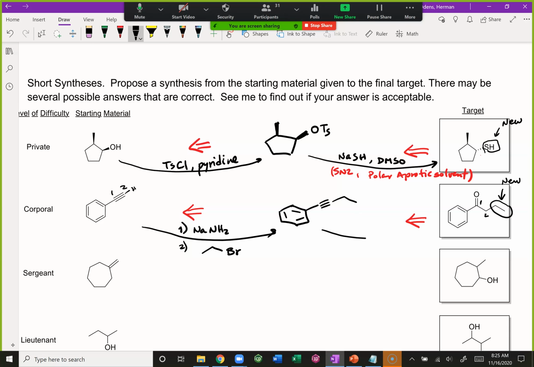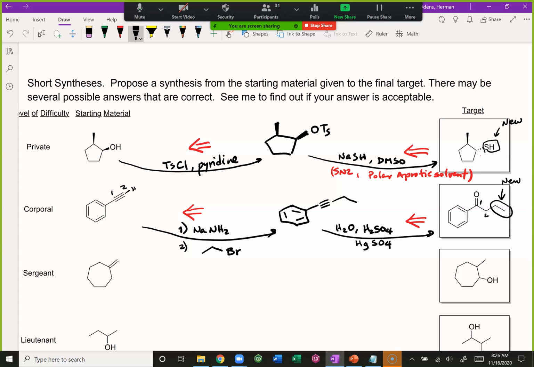And then going forward from here to here, check that out. What would you do? I hope you haven't forgotten this. Hydrolysis of an alkyne. You remember this? Water and sulfuric acid, and in the presence of mercury sulfate, that gives you that.